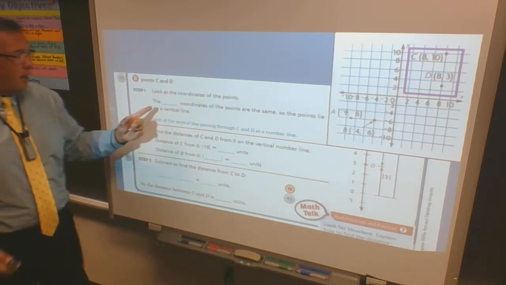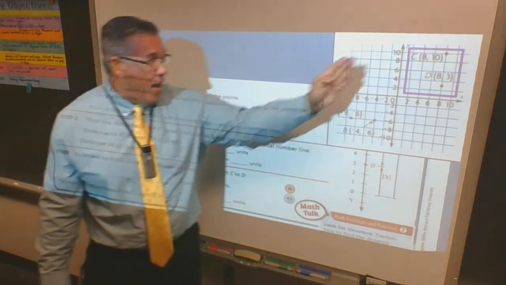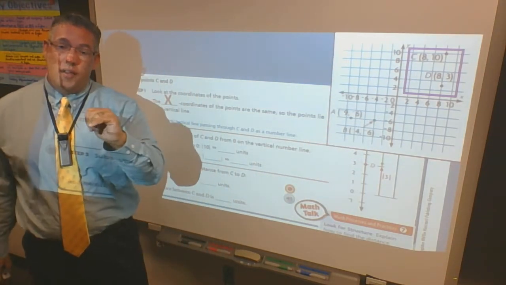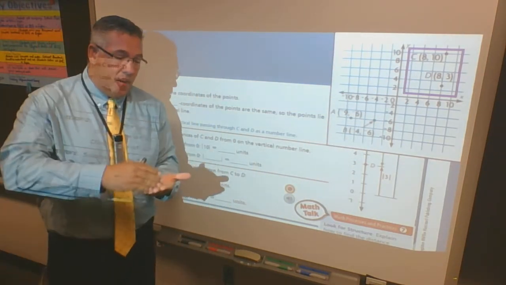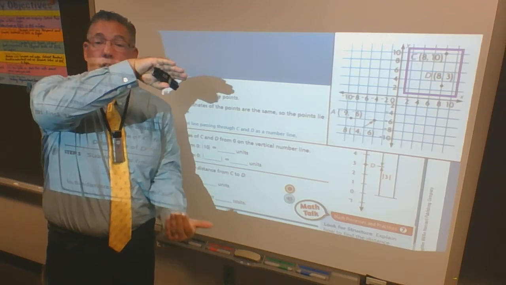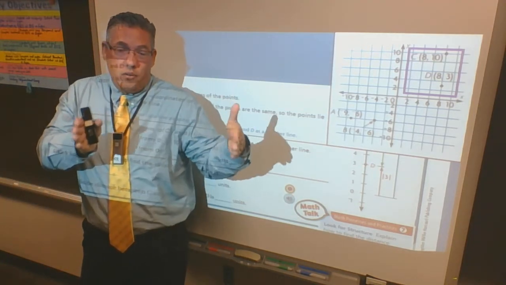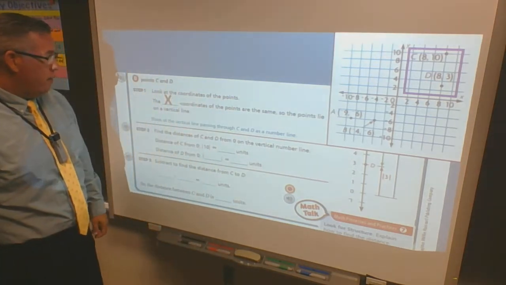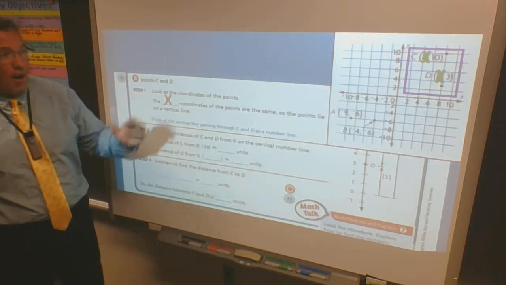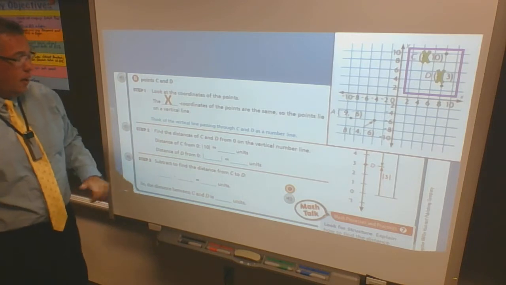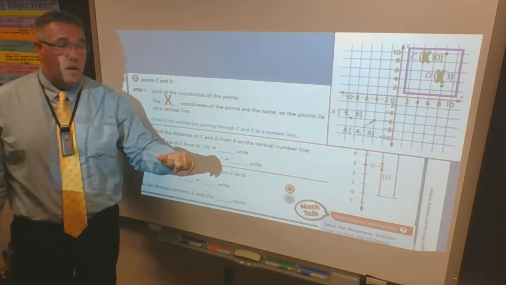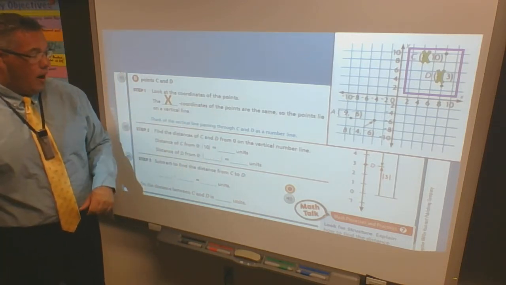I have to figure out that when I look at them, my x is the same. And once again, if my x is the same, then that means my 2 points are going to line up vertically. Once again, if my y is the same, then both numbers are going to line up horizontally. So if my x is the same, I don't need it, I get rid of it, and then I just look at my absolute value of the 2 y numbers.